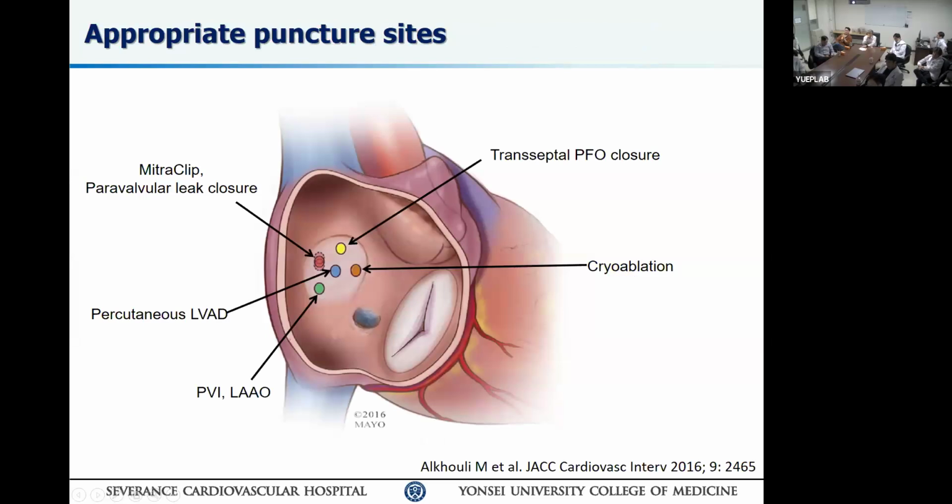For AFib ablation or pulmonary vein isolation, we usually perform a posterior inferior puncture in order for the catheter to contact the left pulmonary vein. But we usually perform two transseptal punctures.